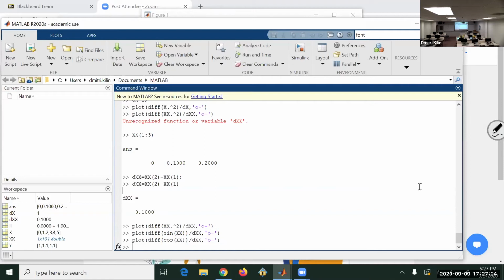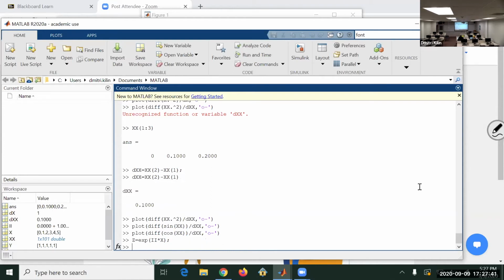Now let's play exp of i times x. And I do not want to watch garbage, I just do it. So guess what is hidden in the variable z?